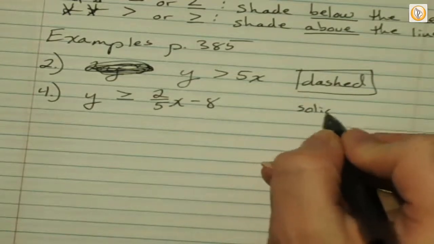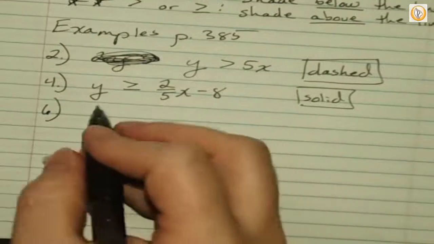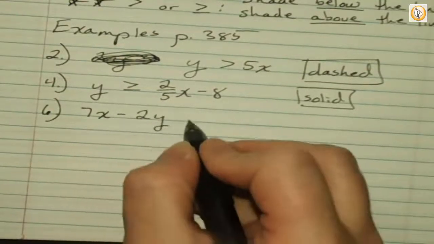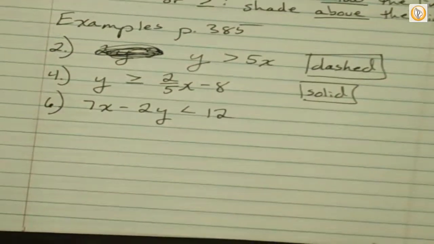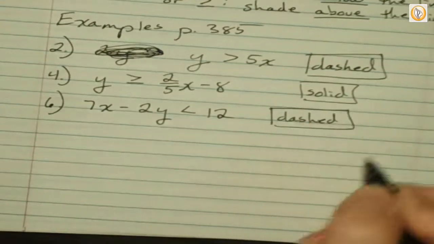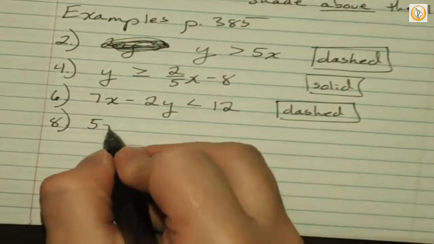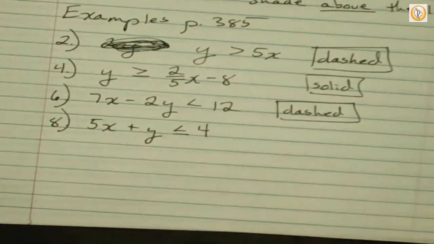Very good, Izzy. 6. 7x minus 2y is less than 12. Cecilia. Dashed. Good job. 8. 5x plus y is less than or equal to 4.